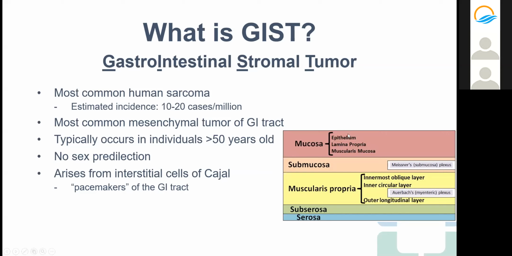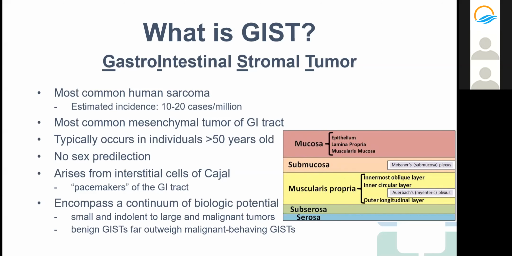On the right-hand side of the screen, you see a diagrammatic representation of the components of the wall of the gastrointestinal tract. The main thing I wanted to convey was that within a nerve plexus, within this thick bundle of smooth muscle, that is where these interstitial cells of Cajal lie in the normal tubular GI tract.